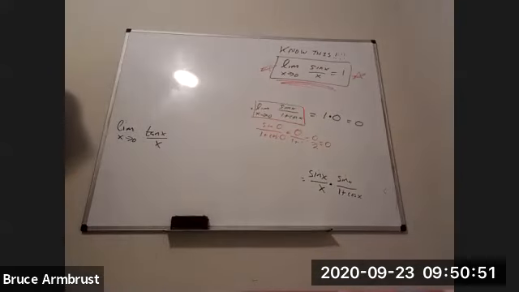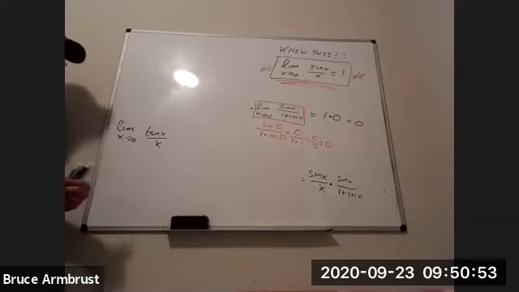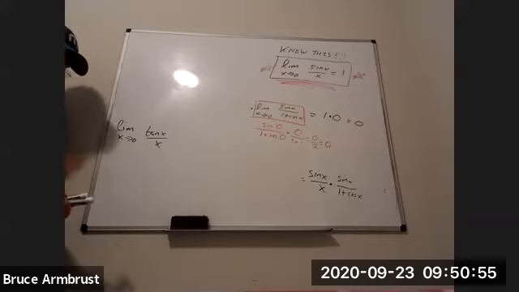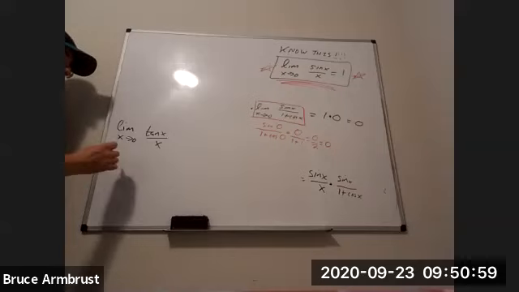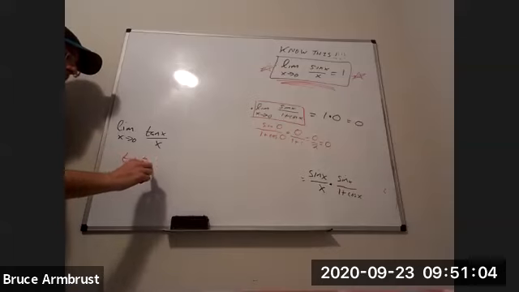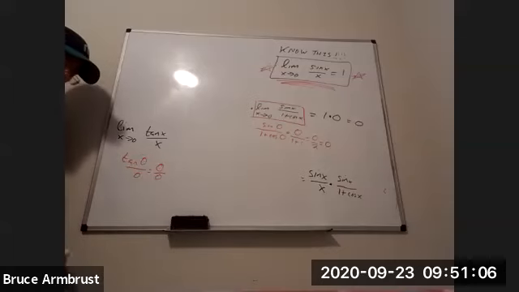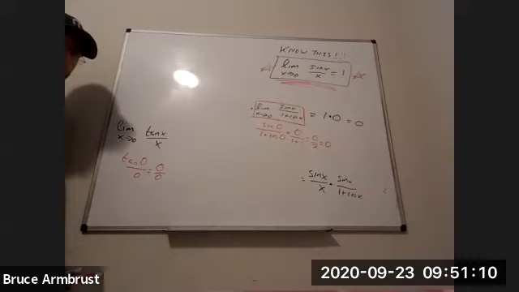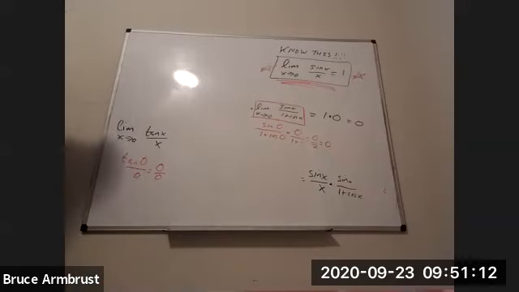Okay, so this is the limit we're going to do. So let's plug in 0 and see what happens. You get tangent of 0 over 0. And the tangent of 0 is 0. So we've got an indeterminate form, which means, let's make our best guess.